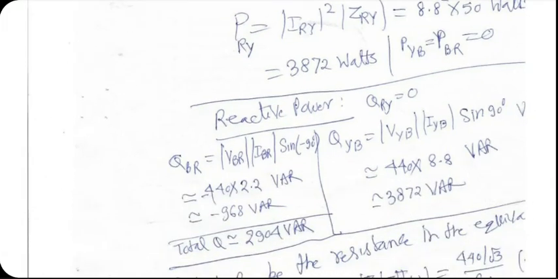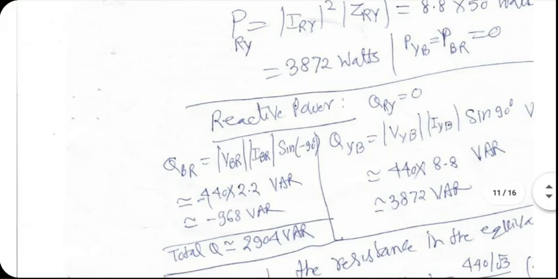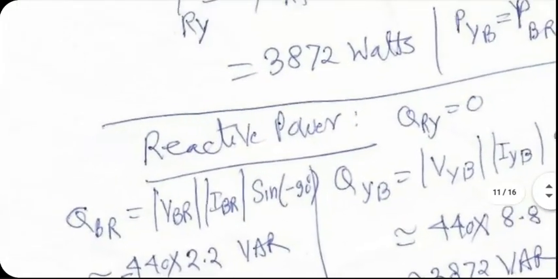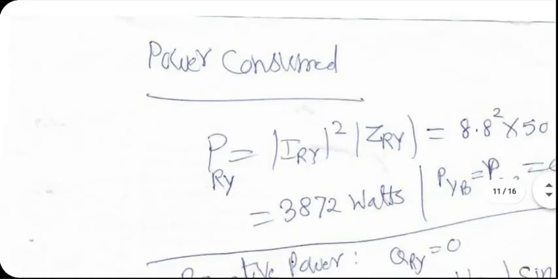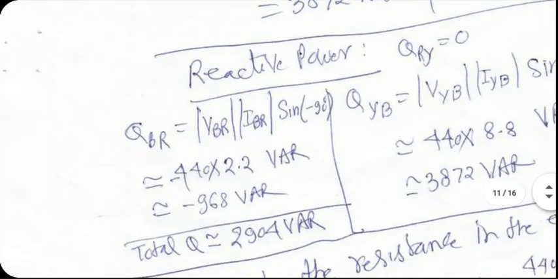Reactive power can also be calculated by using these well-known formulas. Obviously, if the load has purely reactive element in a branch, reactive power will be 0 for sure. That's what we are seeing here.